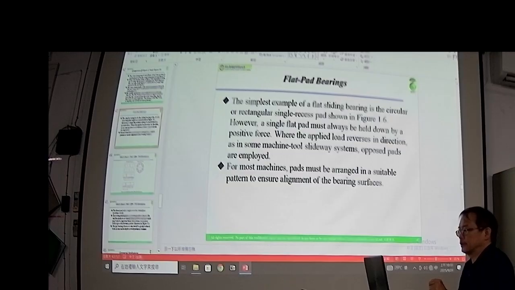So today we will continue the introduction of the hydrostatic bearing.